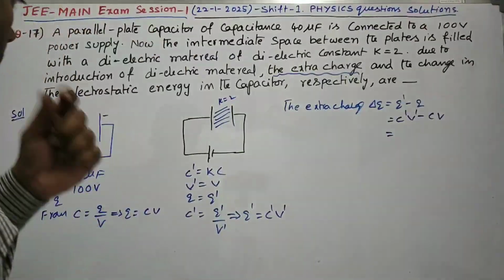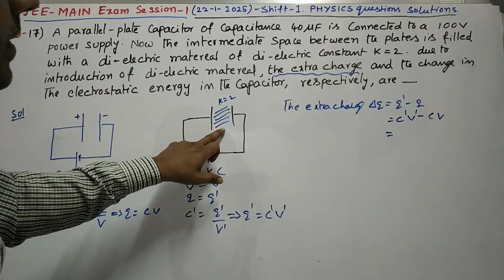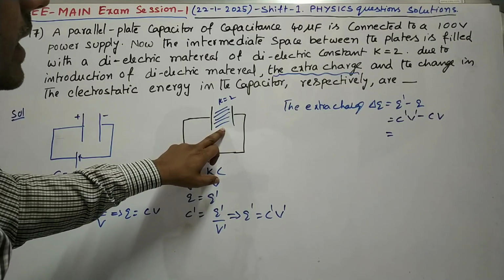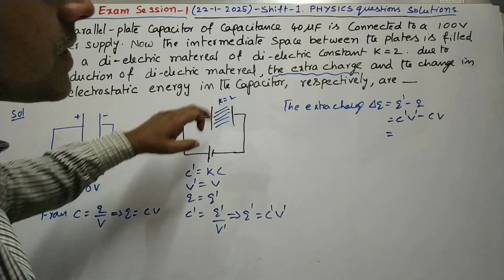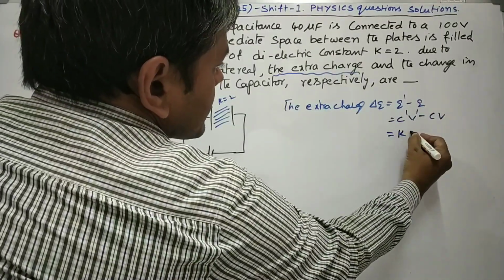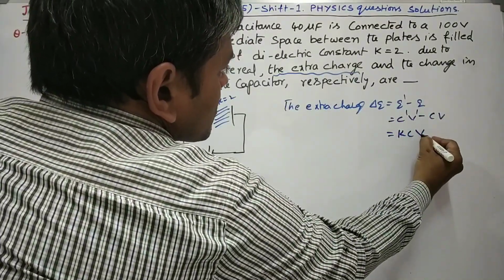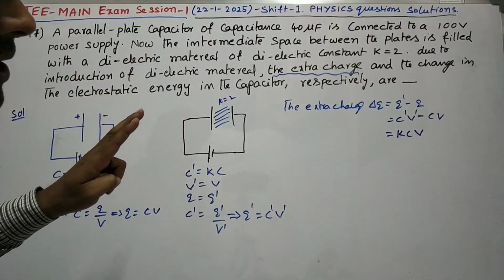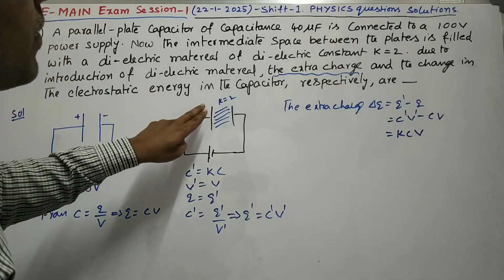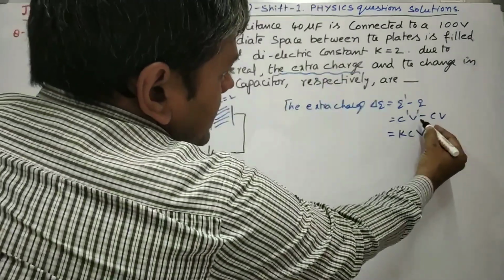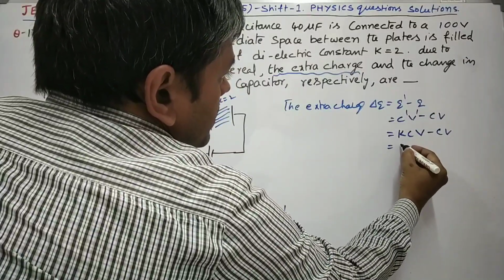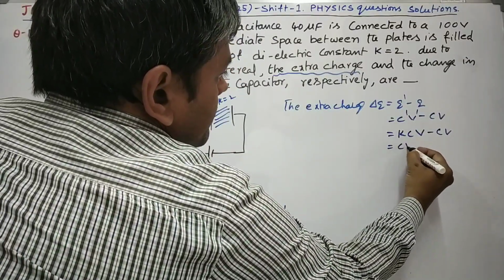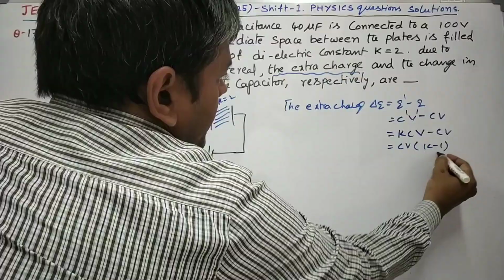What are the consequences of introducing a dielectric material between the capacitor plates? Its capacitance is increased by the dielectric constant times, that means C dash is equal to KC. The second consequence is that there is no change in the potential of the plates, V dash is equal to V. So delta Q is equal to KCV minus CV. Taking CV common, we get CV times K minus 1.